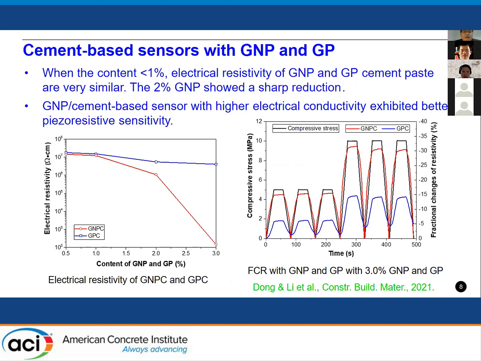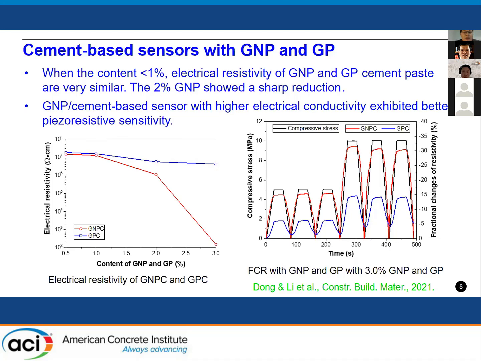So now let's look at the electric resistivity of GNP and GP cement paste. As we can see from here, when the content of GNP and GP is below 1%, the resistivity of GNP and GP is quite similar to each other, which is around 10 to the power of 7 ohm centimeter.